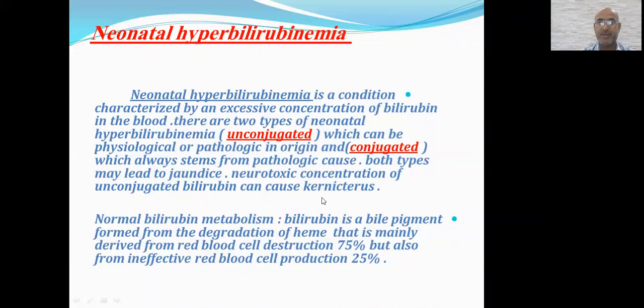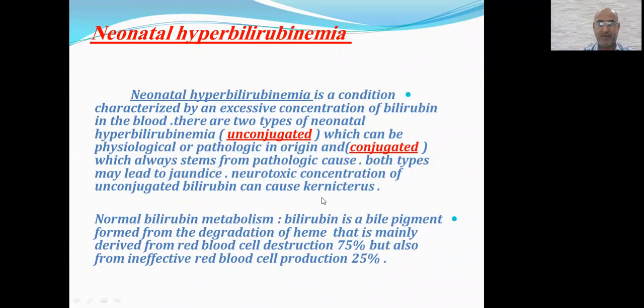first by an enzyme called heme oxygenase that converts heme to biliverdin, and then by the biliverdin reductase enzyme, biliverdin is converted to bilirubin, and bilirubin should be bound to protein.